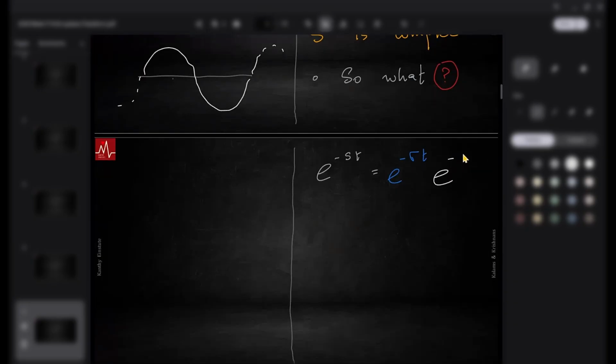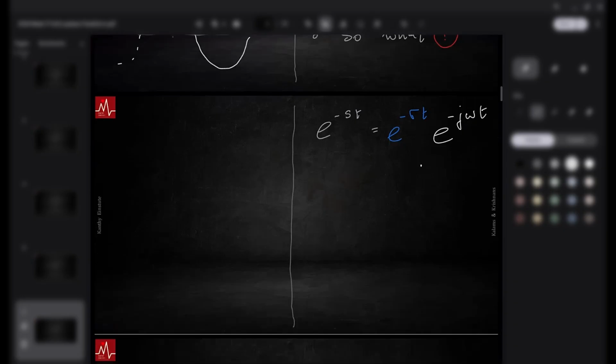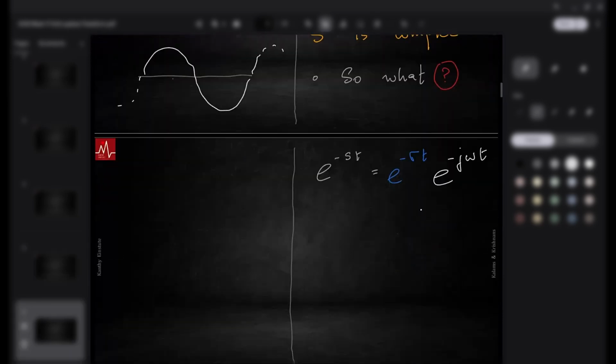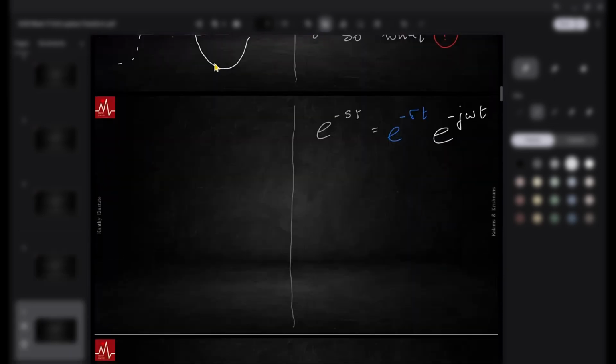And then e power minus j omega t. So this is sine omega t, cos omega t. And this is e power sigma t.